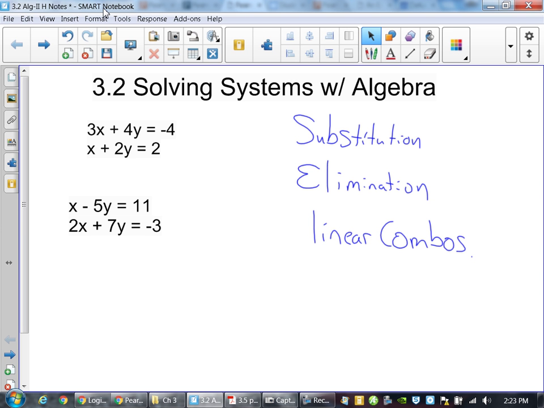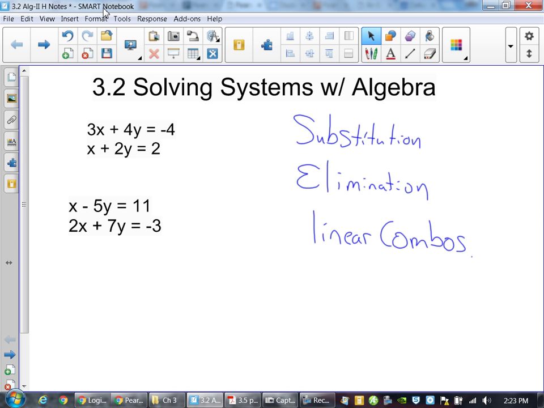Each one of these three methods has its own merit, and there are certain scenarios where one way is easier to use than others, and certain scenarios where one way is more difficult than others. A lot of times it works out to become preference as far as how you want to solve.